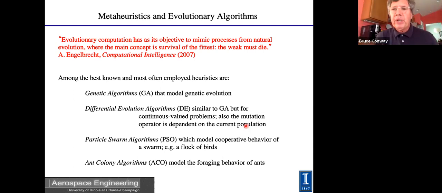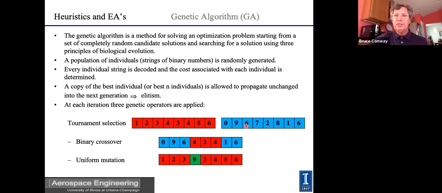So these are really nice because they don't require any a priori information about the solution. So you don't prejudice it to look in a certain neighborhood when you use these methods. Let me just say just a little bit about genetic algorithm if you're not familiar with it. The basic idea is to create chromosomes that are strings of numbers.